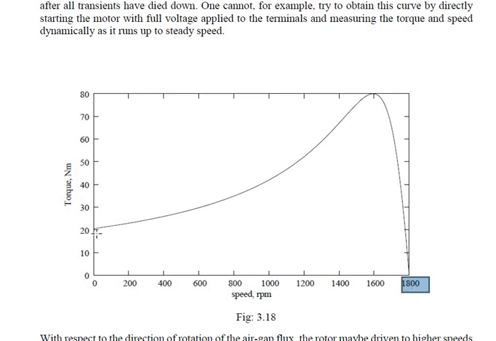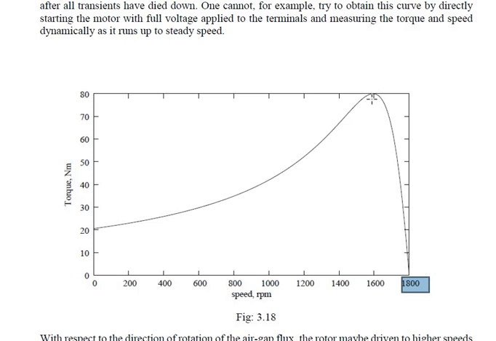So consider 20 Newton meter starting torque at the starting condition, and by gradually increasing the speed, our torque will also increase till some point, and after that point, our torque will decrease very fast.